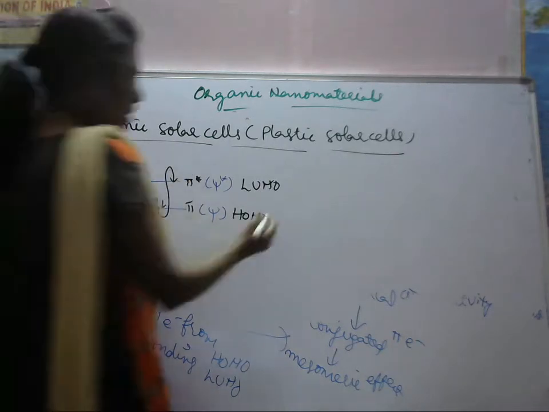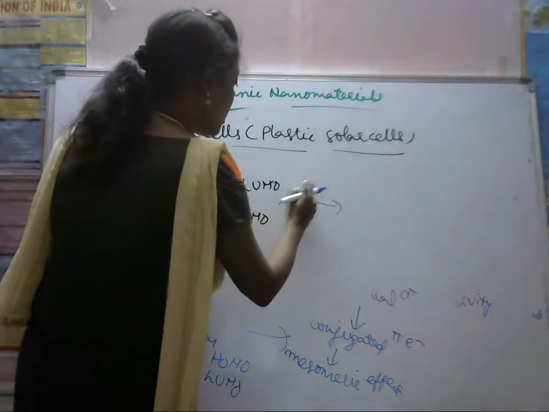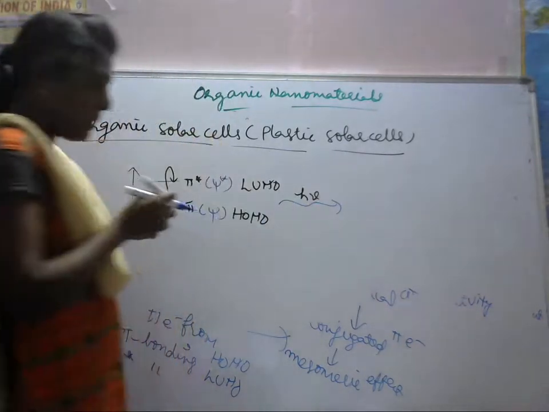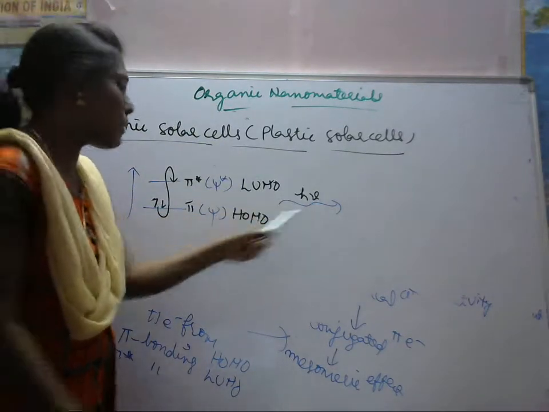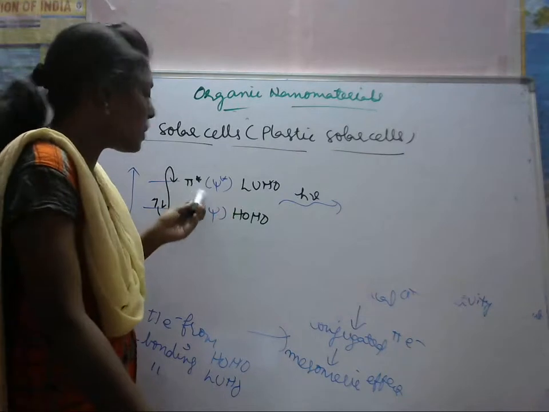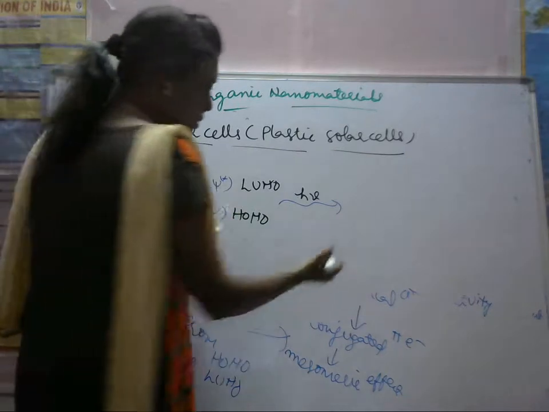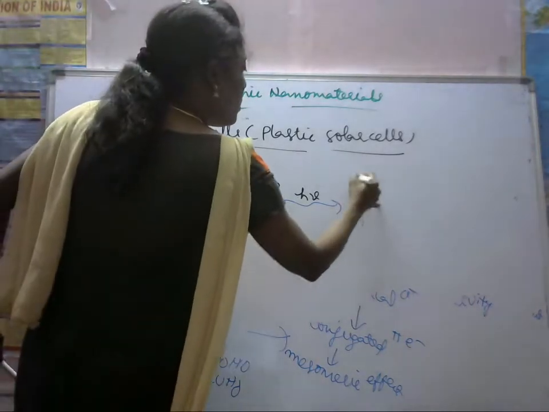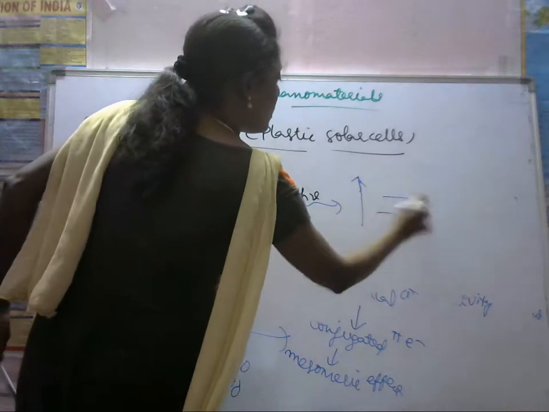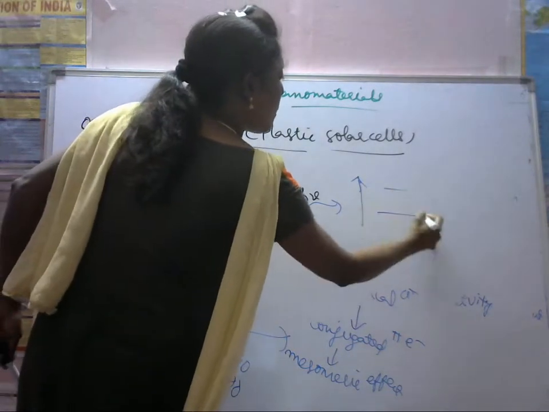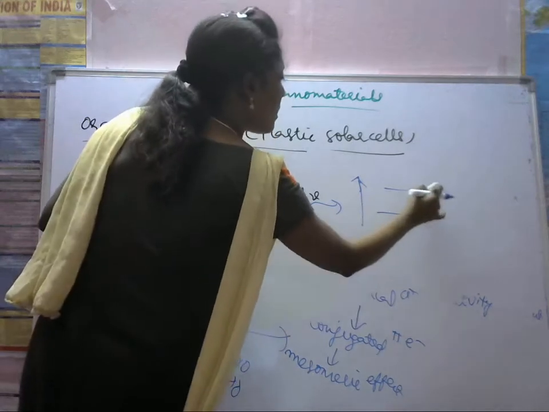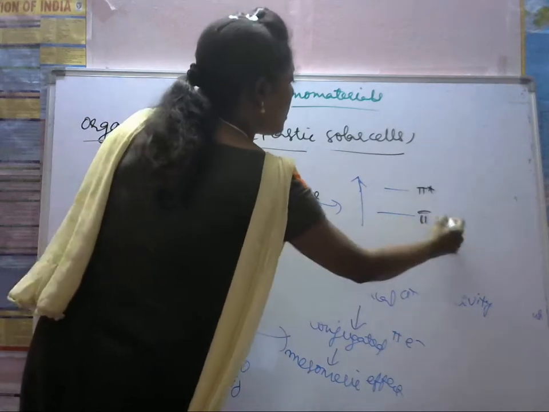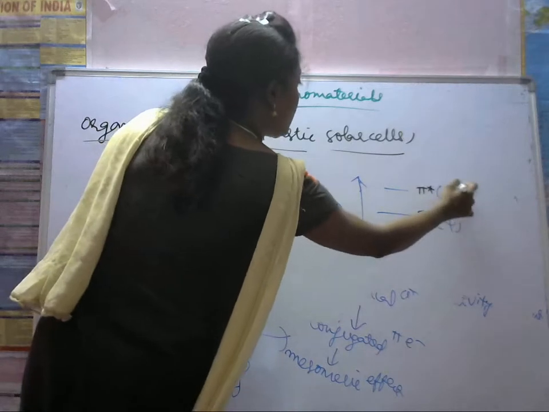So let's see. If you use photons, one of the electrons gets excited into the pi star level. Here we get pi and pi star, which are called psi and psi star.